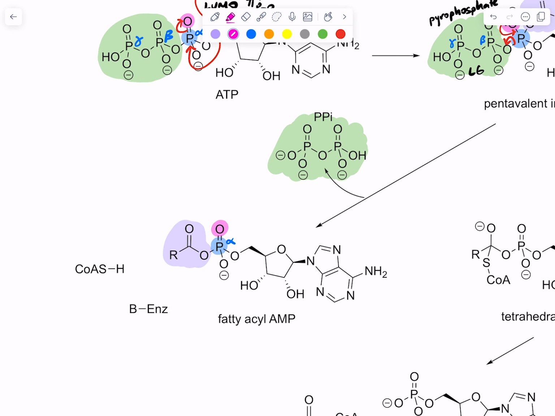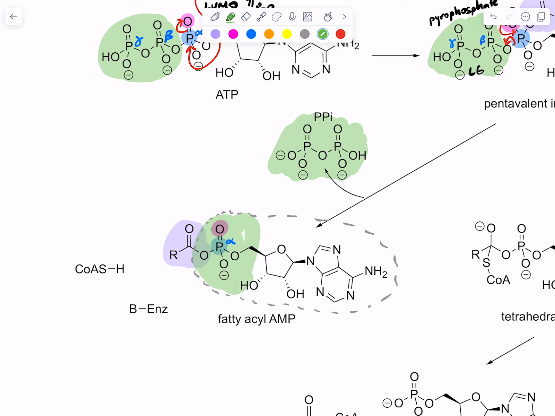But one of the things you should realize now, the effect of that change, kind of remarkable, now has changed the oxygen from the carboxylate into part of a good leaving group.